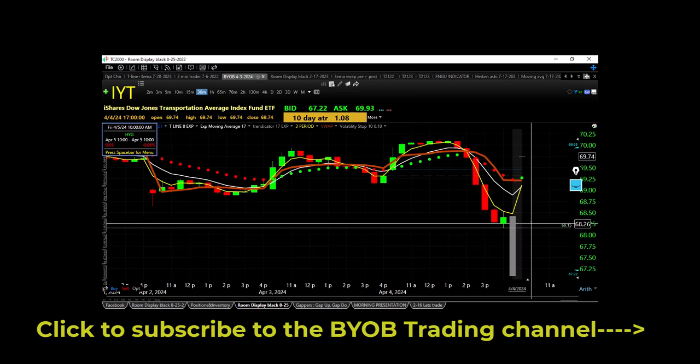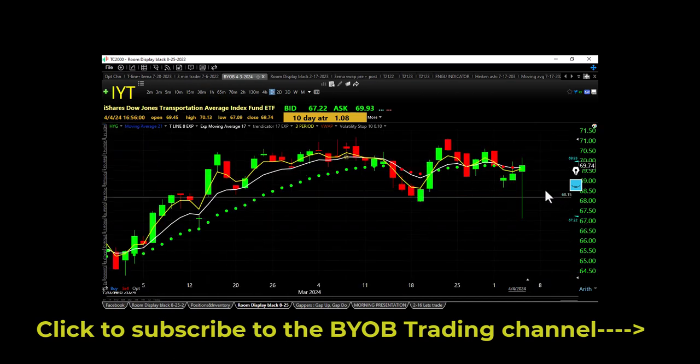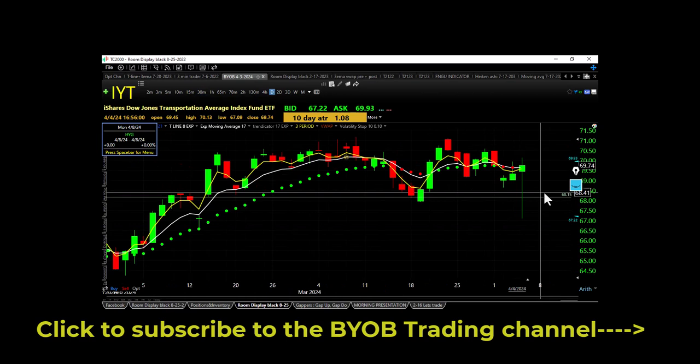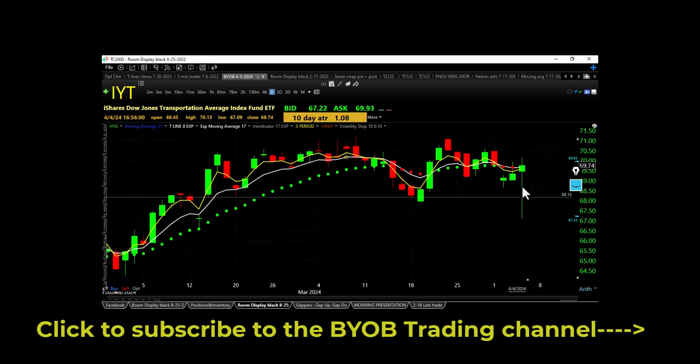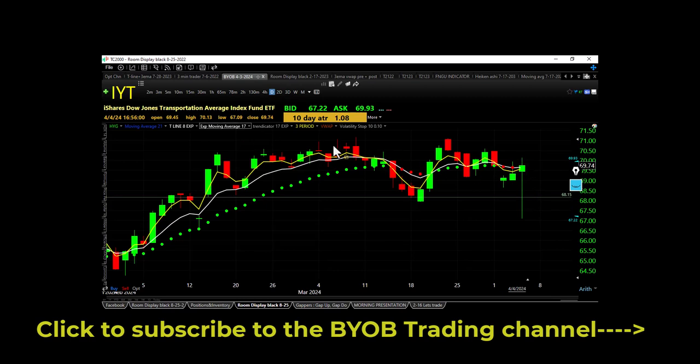68.26. Let's go back to the daily candle. So they really closed right about here. That would make this candle red. Anyways, that's the bottom of the candle, 68.15. All right, so they had an outside day and bearish engulfing. All right, this candle's not correct.